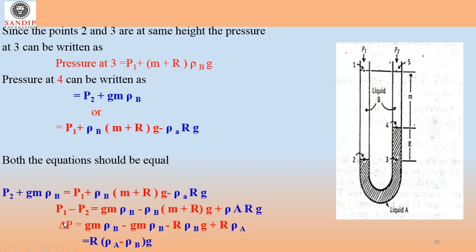P1 minus P2 is nothing but delta P. After solving the whole equation, you will get delta P is equal to R in bracket rho A minus rho B, R being the common term, into G. So this is the final equation for the simple manometer.